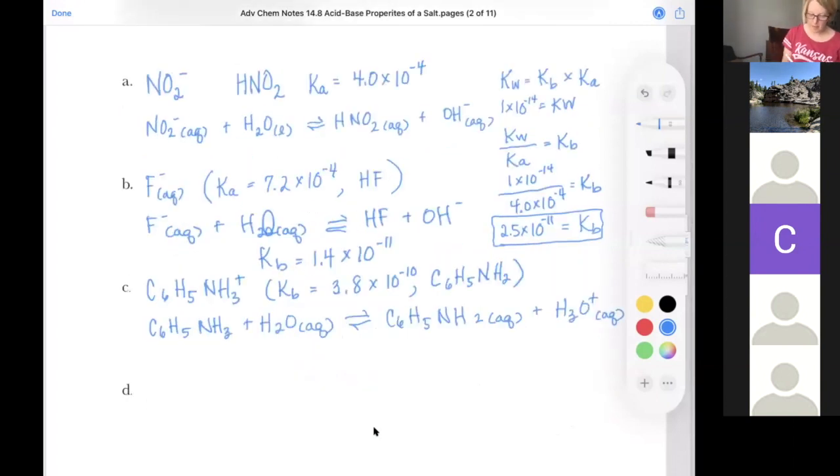So then using our equation, this time it's Kw over Kb equals Ka.